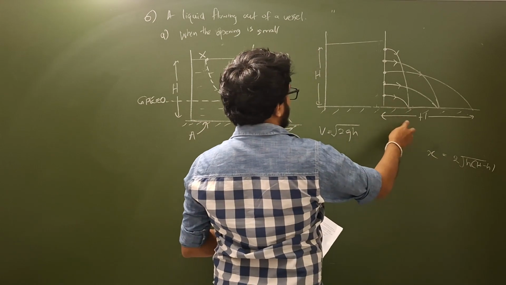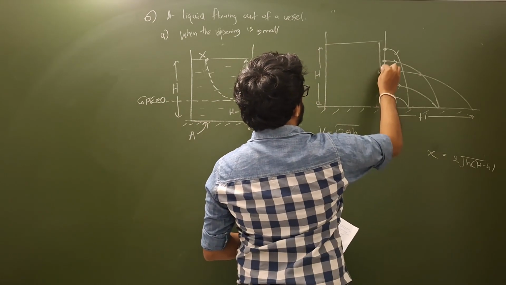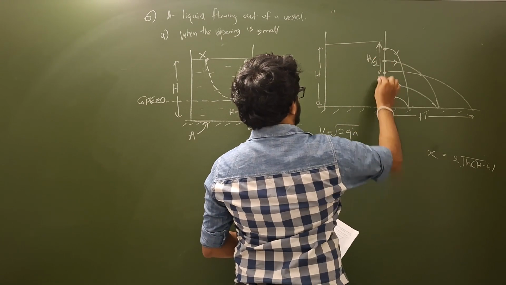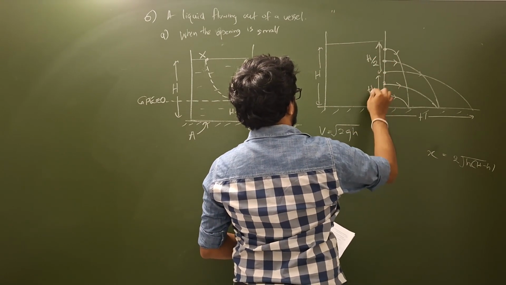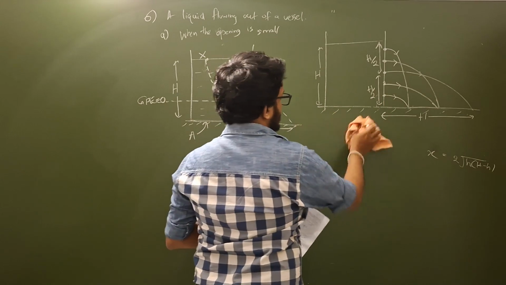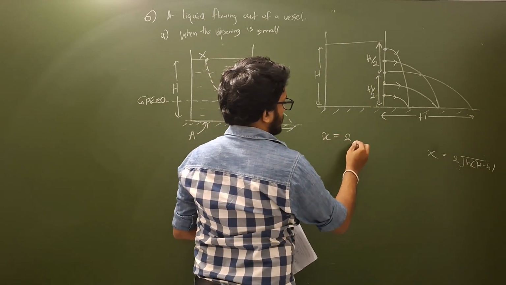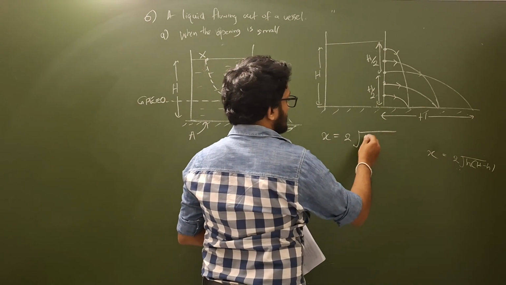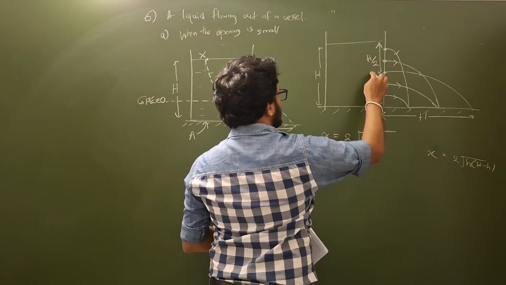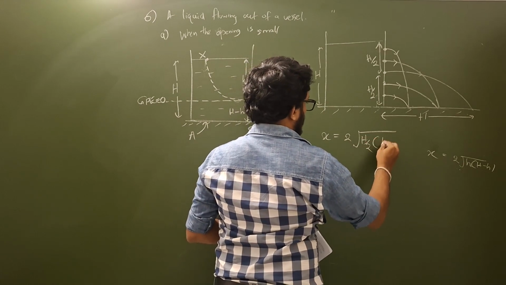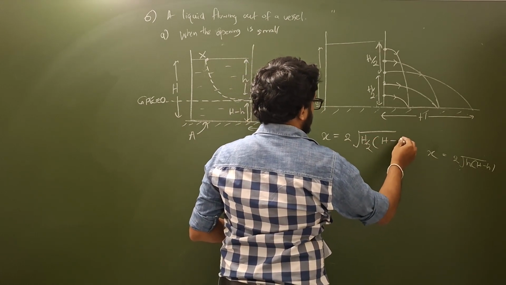So can it be like this? Let's apply this equation. This is capital H over 2 because it is at the midpoint. From here to here also it is capital H over 2. Let's apply to this equation: x equals square root of, simple h is the depth, so depth is here capital H over 2, times brackets capital H minus simple h.